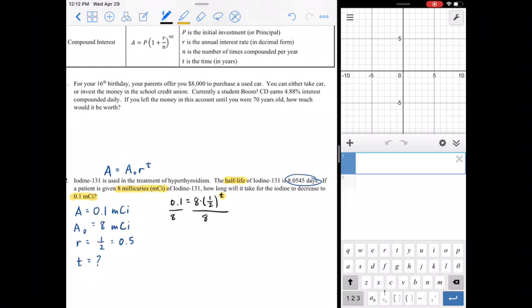So 0.1 divided by 8, you get 0.0125. And that 1/2 is being raised to the t. So if we want to solve for the variable t and it's in the exponent, what I'm going to do here is take the natural log of both sides.